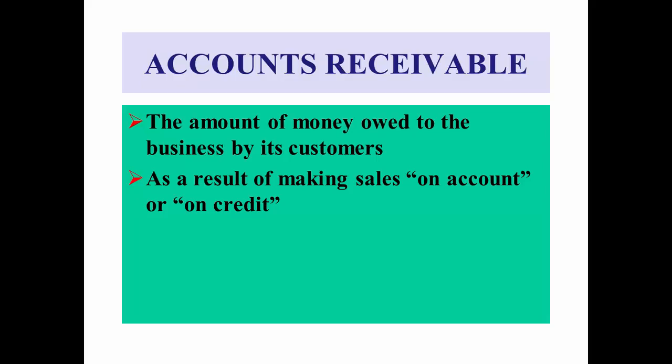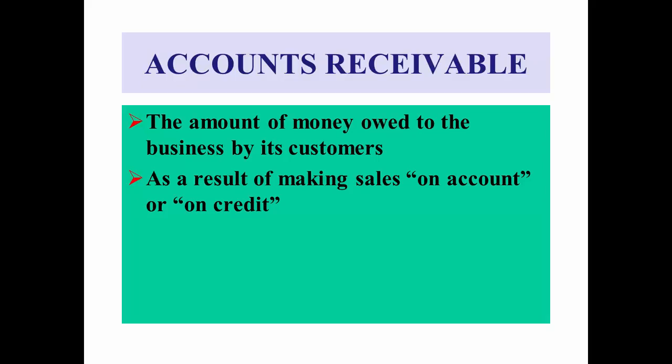And so this is not the same as them using a credit card. With a credit card, we're going to get the money right away, and they will owe the money to the credit card company or to the bank. But here, we're making a sale on account directly with them. So now they're going to owe us.